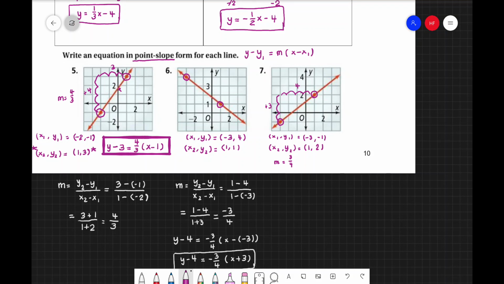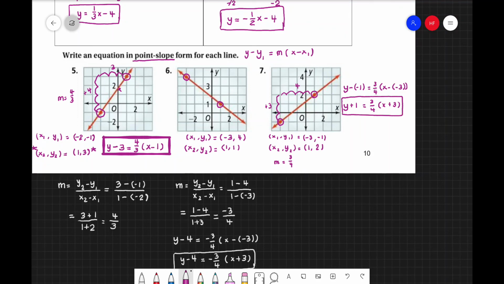So now when I'm writing my equation, y minus y1, negative 1, equals m, which is 3/4, times x minus x1. So we have double negatives on both of those, so I'm going to change them to plus. y plus 1 equals 3/4 times (x plus 3). And that's my point slope, so I'm done there.